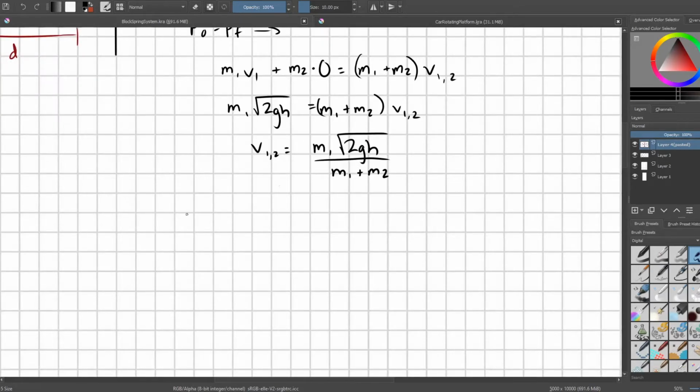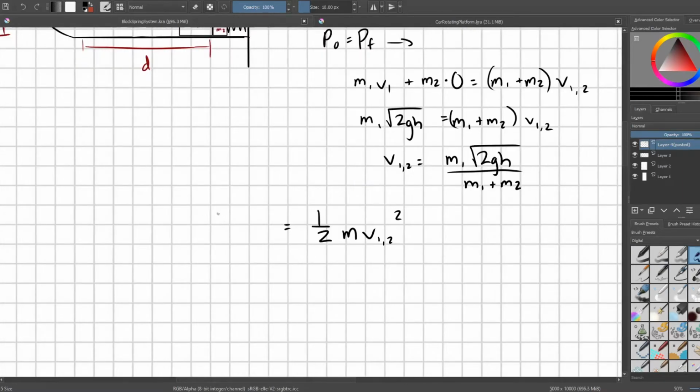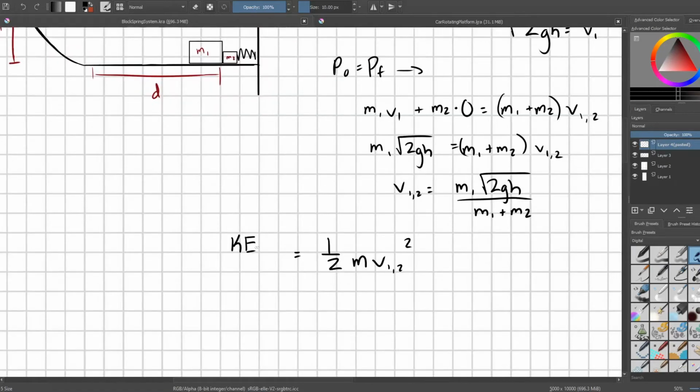If we just plug in, we use 1/2 mv1,2 squared, and this is going to equal the kinetic energy of M1 and M2.